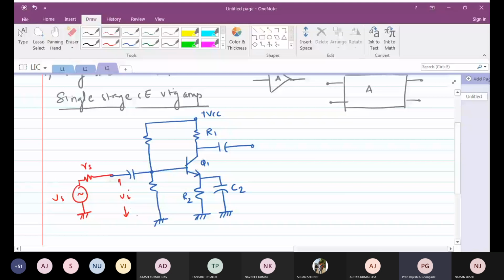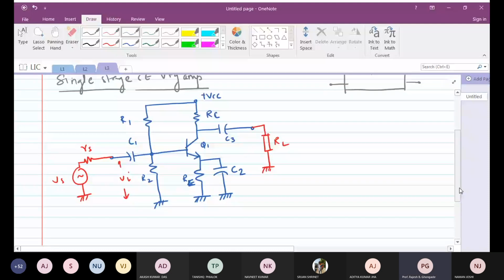Of course, with respect to ground, and you have the load, call as RL. This was RE. This is R1, and this is R2. This is C1. This is C3. So, do you remember this configuration? It is a single stage common emitter voltage amplifier. Do you remember this, all of you?